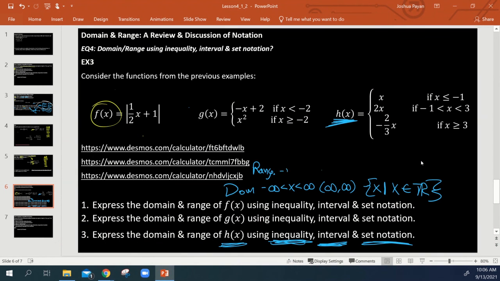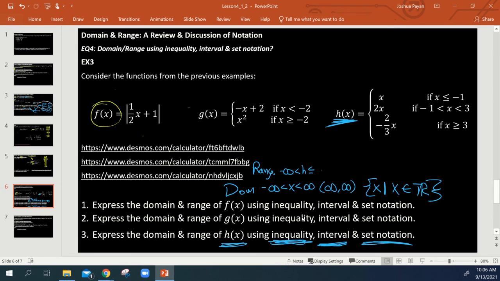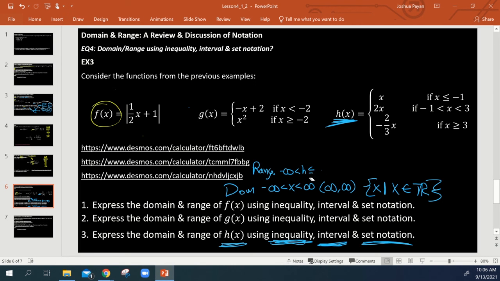Okay, so we would say negative infinity is less than h is less than or equal to, and let me double check. Did we include it? No, we did not include positive 6. So it would just be less than, not less than or equal to.